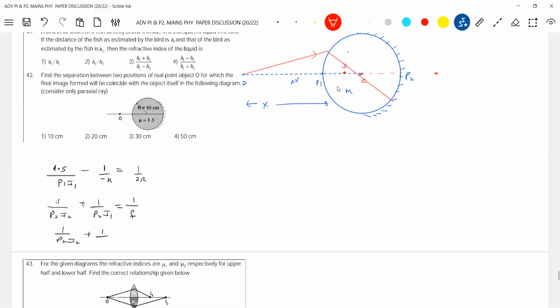There's one possibility. The other possibility: if the rays are incident at the pole, they'll be reflected symmetrically. I think if I1 is at the center of curvature or at P2 only, this is possible.